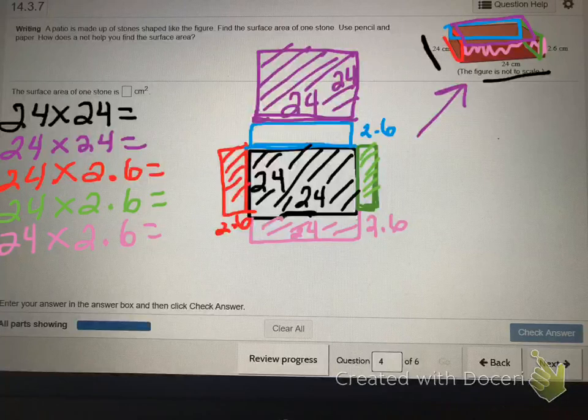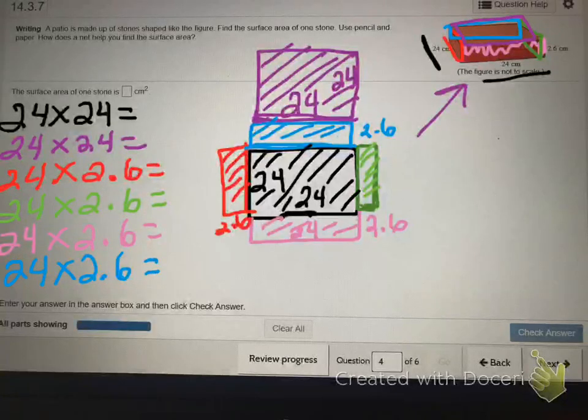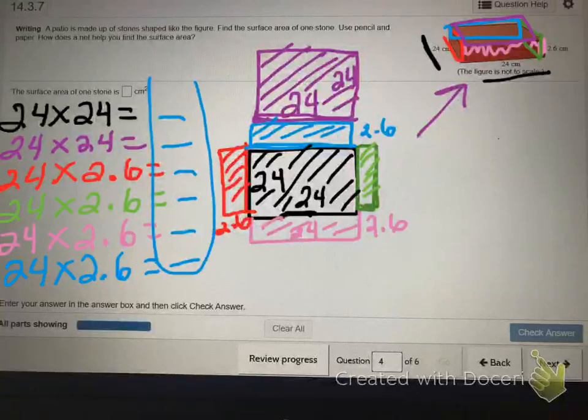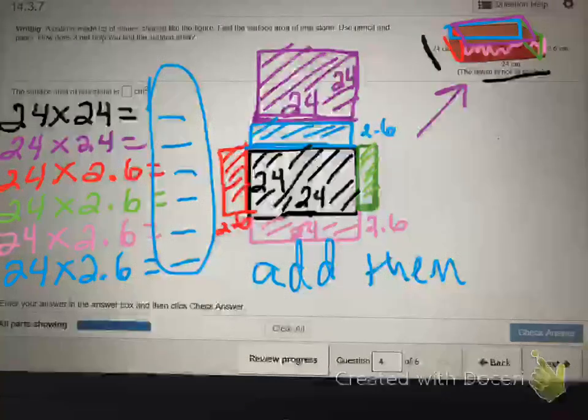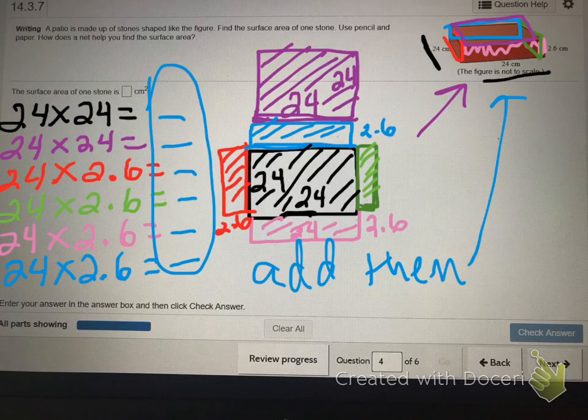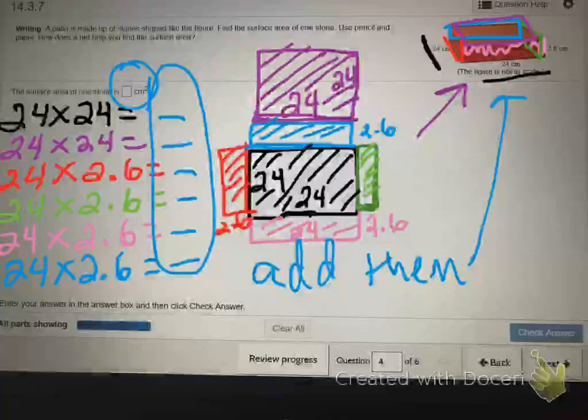And then lastly, the blue shape is going to be 24 times 2.6. So once you figure out the answers for each of those multiplication problems, you're going to take all of these numbers and add them together in order to find the total surface area of our original shape up here. So that will be your answer for that question.